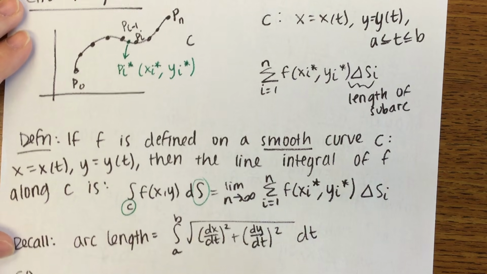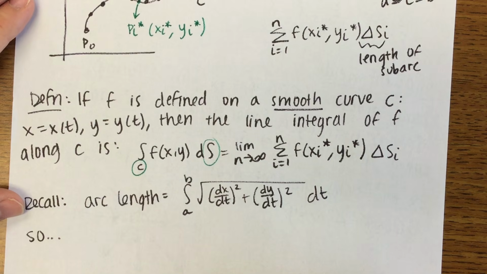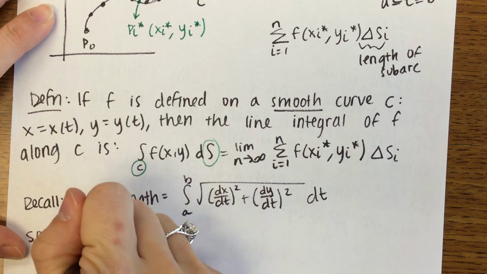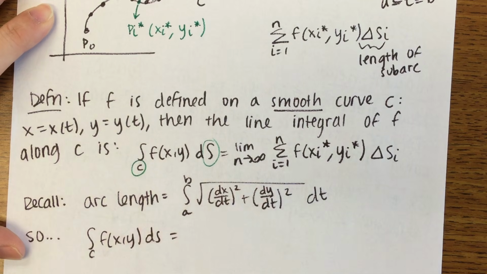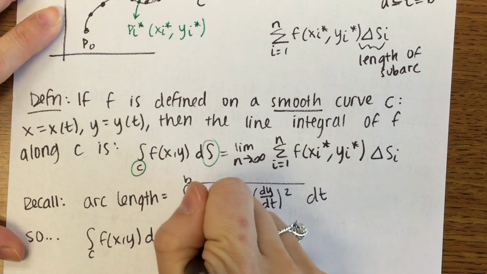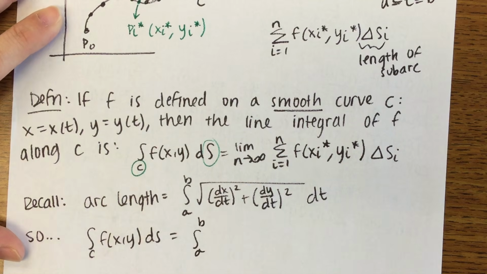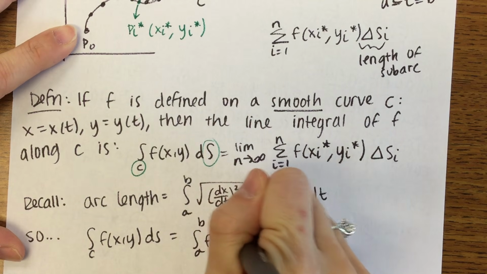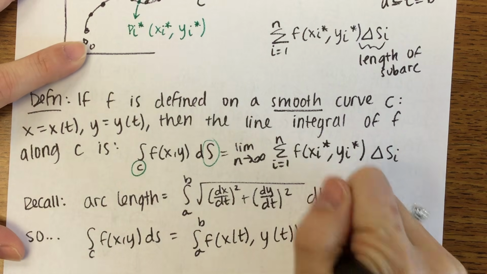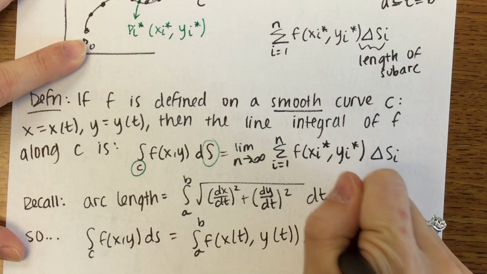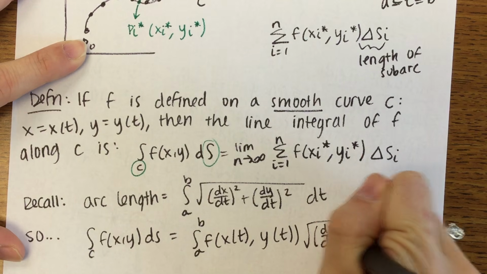So here's where that leads us. Line integral. The way to calculate that is going to be the integral from a to b of f of x of t, comma y of t, and then the arc length formula.